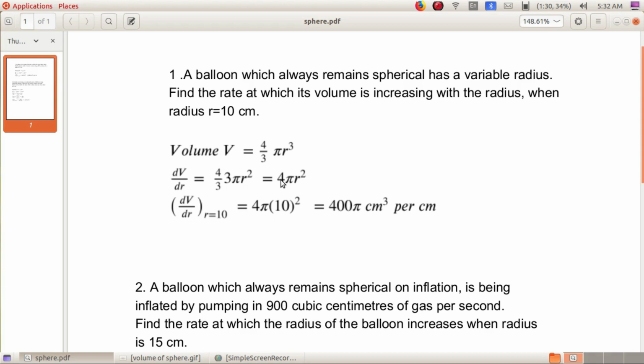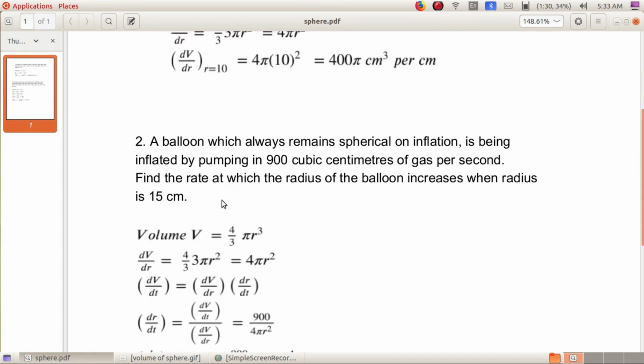Cancelling 3, we get 4 pi r square. So when r equal to 10 centimeter, we get 4 pi into 10 square, that is 400 pi. Now dV by dr, the unit of V is cubic centimeter, so 400 pi cubic centimeter per second.